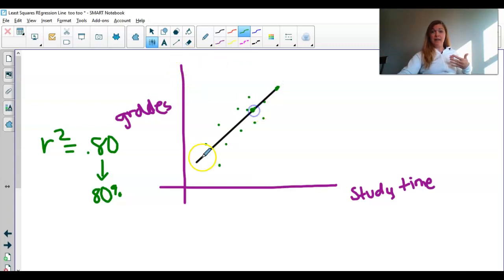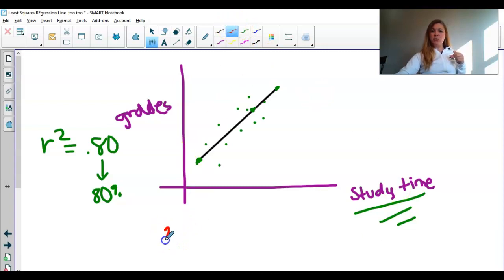Some people are right here, and some people are way down here. There's variation in the grades. What R squared is telling us is that 80% of that change in grades is because of how much time people studied. Again, we're recognizing that there's going to be differences in that Y coordinate. We're seeing 80% of that change is accounted for because of how much people studied.